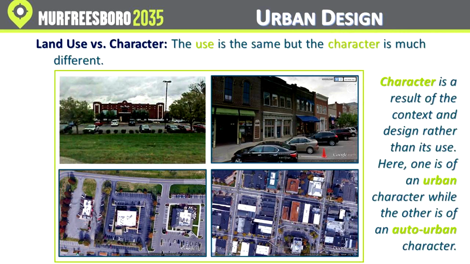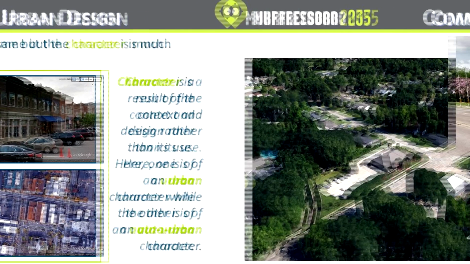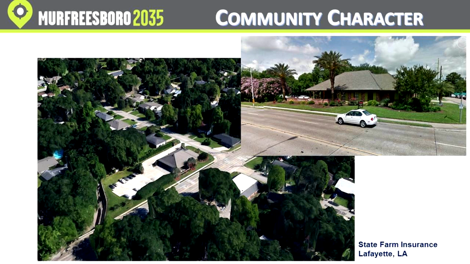It's a very nice eating establishment, but it's surrounded by a parking lot. So compared to a restaurant that's down on the courthouse square, again, the land use is the same, but the character is strikingly different. This is just another quick example of the importance of understanding character in order to preserve it and work within certain character confines.